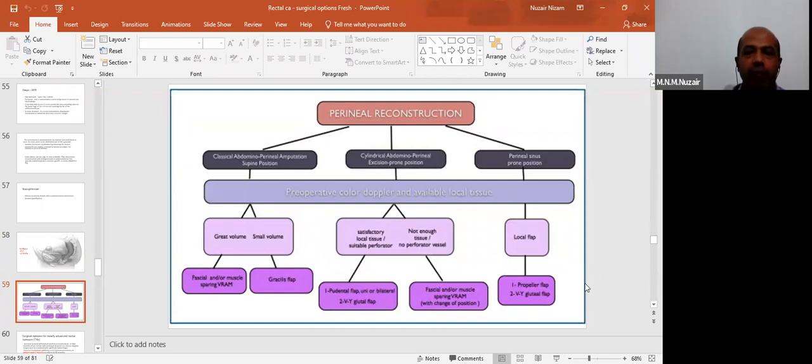So after APR, there will be a wound in the perineum, and the healing of this is very poor, and the healing will be even lower if there was irradiation to the perineum.